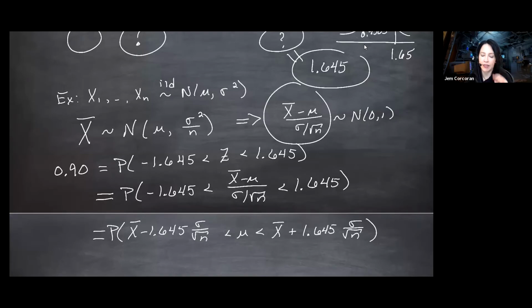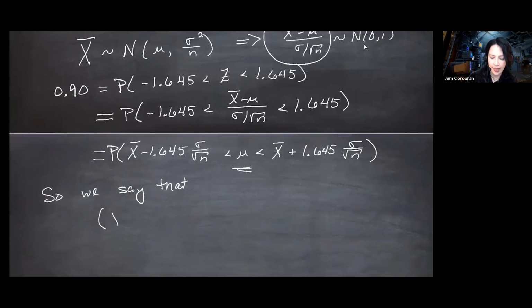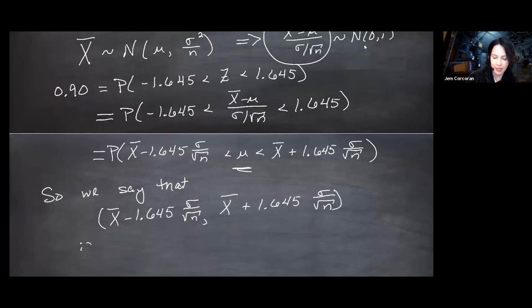Usually when we write something like this, the thing in the middle is the random variable, but right now the thing in the middle is a constant, and it's got random endpoints. So we say that the interval X bar minus 1.645 sigma over the square root of n up until X bar plus 1.645 sigma over the square root of n is a 90% confidence interval for the mean, mu.